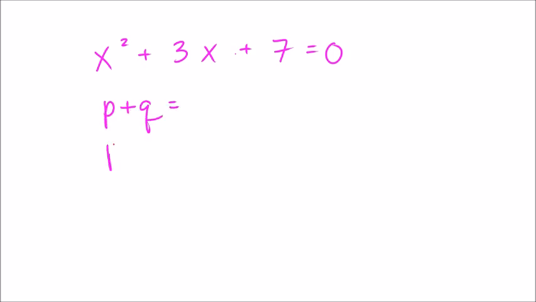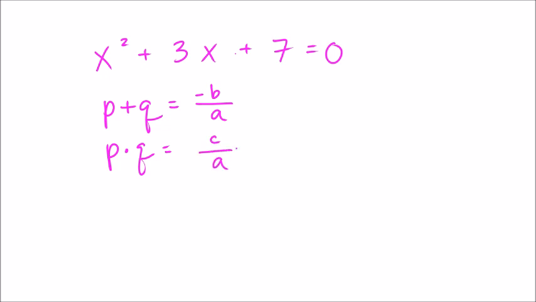Let's just say we have x squared plus 3x plus 7 equals 0. So this is a quadratic equation. It has a degree of 2 and it's equal to 0. So let's say we have roots p and q again. P plus q, that's the sum of the roots, and then p times q, that's the product. Well, if you remember from what we just talked about, the sum of the roots would be negative b over a, and the product would be c over a.